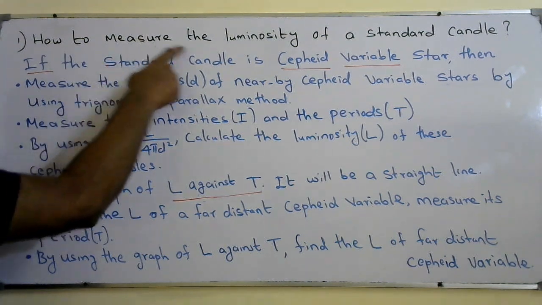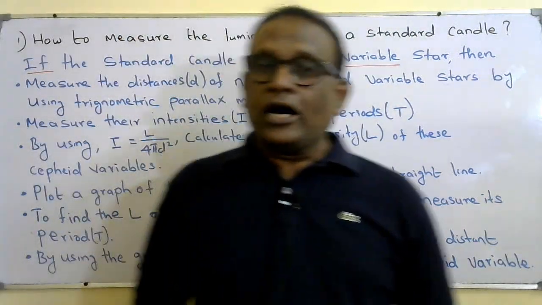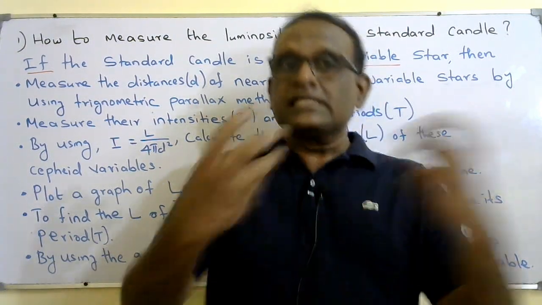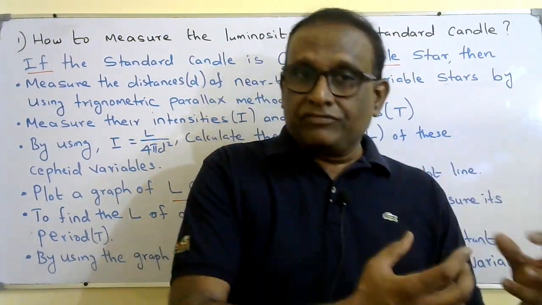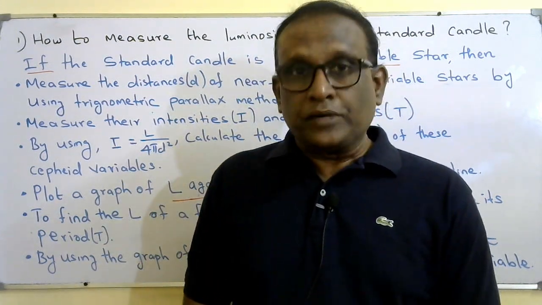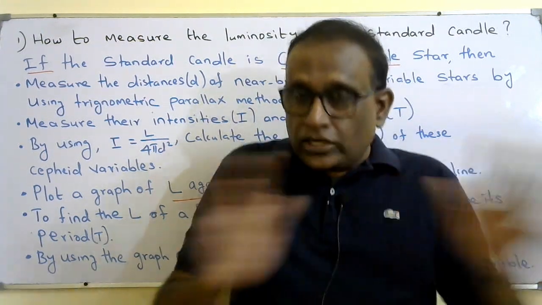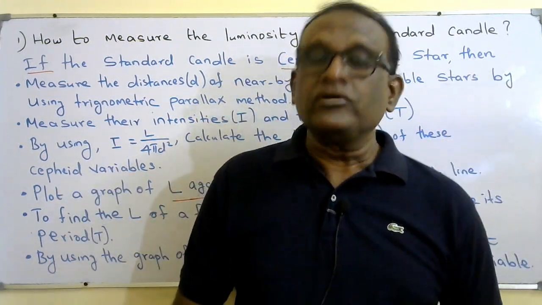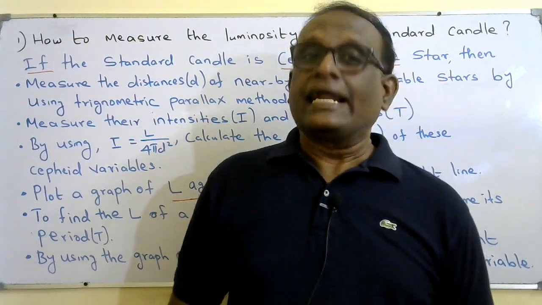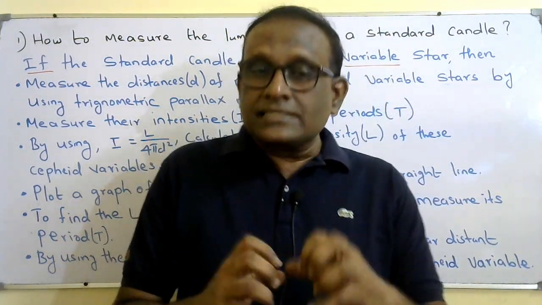How to measure the luminosity of a standard candle? It's not saying anything about what the standard candle is, whether it is a Cepheid variable or a type 1a supernova or some other astronomical object. It's not specifically telling the type of standard candle. So in that situation, you can write an answer like this.